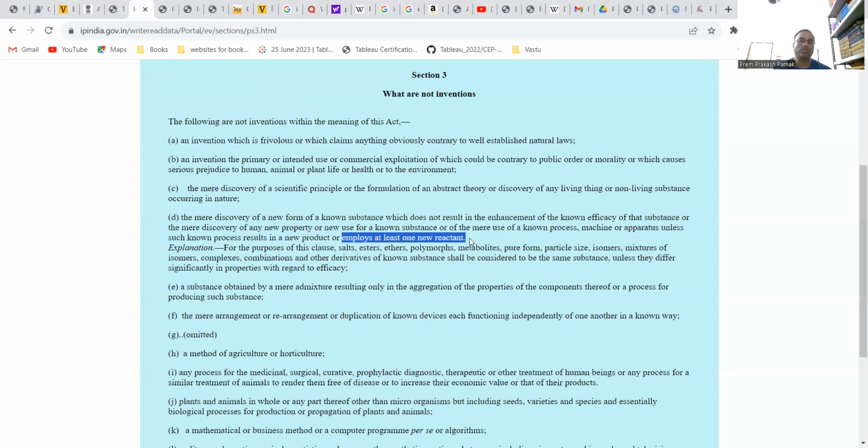So in the process A and B were used, but in the same process you are using another component, a C component. A, B, and C we are using. So that could be argued to be patentable. But mere discovery of a known substance, known form, property, or use of the same process, these all come under 3D, and they are not patentable.